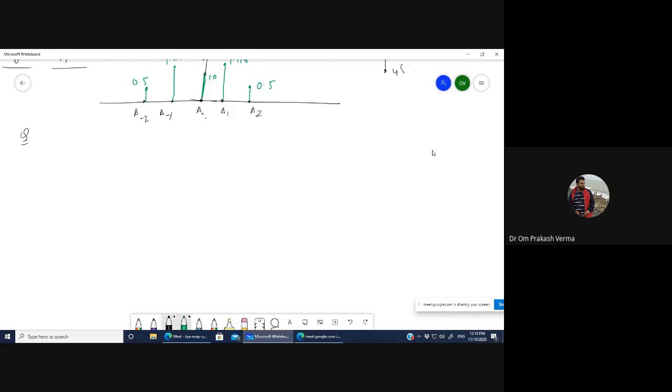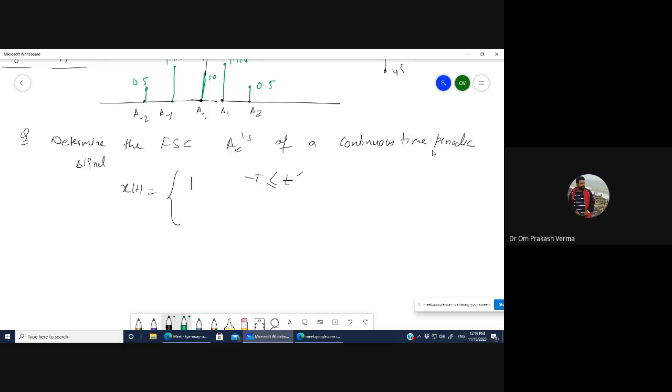Determine the Fourier series coefficient of a continuous time periodic signal x(t) equal to 1 for mod t less than t1, and 0 for t1 less than mod t less than t0 by 2.